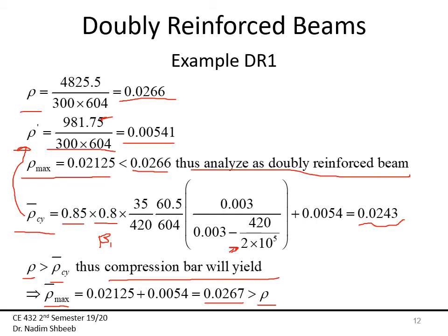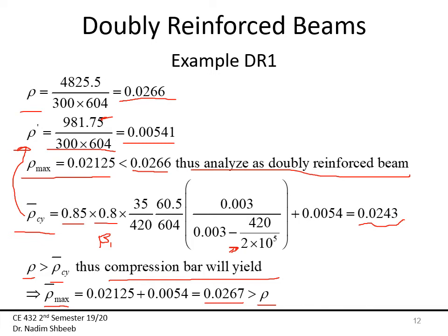Now, if I were doing a design problem from scratch, then I would like to enforce that my rho is less than rho max bar. Now, if you're doing an analysis, which means that everything has been done for you, it could be an old design, so you might find that in certain instances your rho is actually more than rho max bar, which is kind of okay since it is an analysis problem, so the structure already exists.